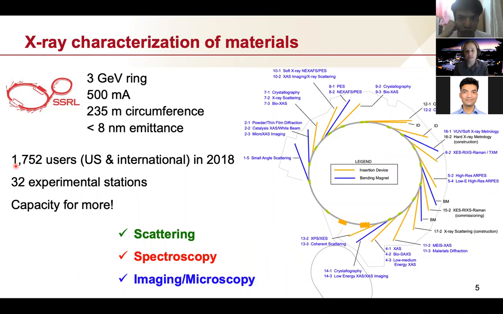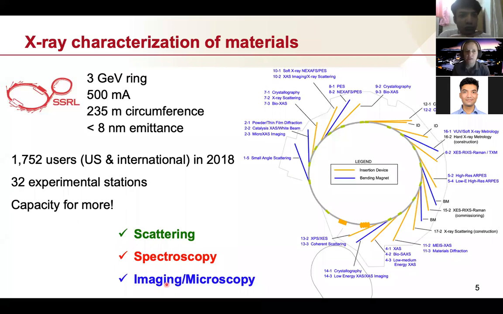And to get beam time on one of our instruments, you just submit a proposal. It's freely available to anyone whose proposal is peer reviewed and scored well. So we have 32 experimental stations, but we're also constantly building more. We can do X-ray scattering, spectroscopy, and imaging and microscopy, and they're scattered around the ring, different techniques.